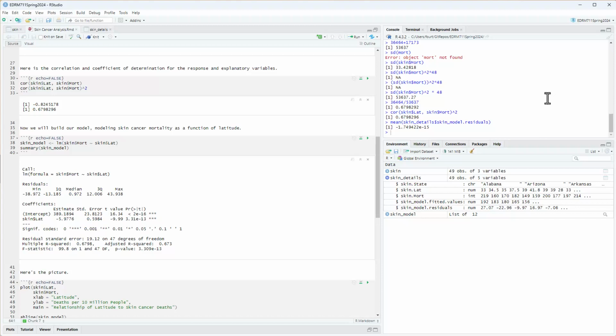That is always the case. The mean of the residuals will always be 0. That's just a mathematical fact that we could prove. Just like when we take the mean of deviations without squaring them, that will always be 0 as well.